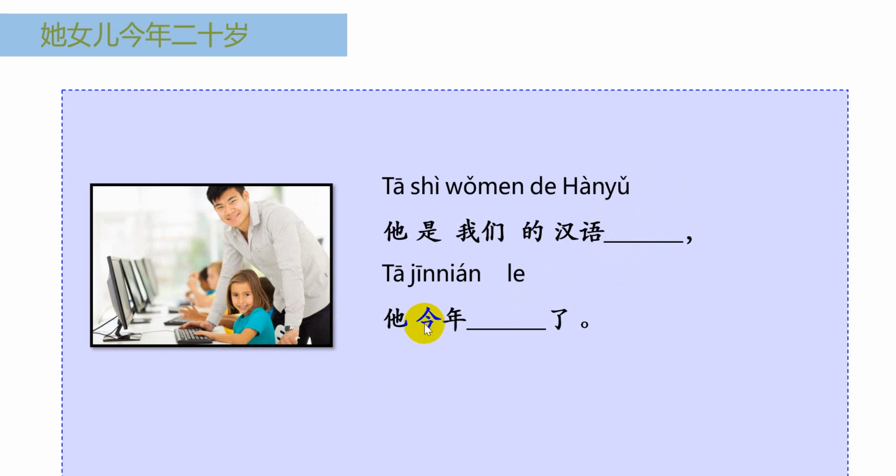Yes, good. 汉语老师呢？他今年多大了？You can put an age here. Such like this year he was 32. 他今年32岁了. 32, 32岁了. Okay, 他是我们的汉语老师，他今年32岁了.